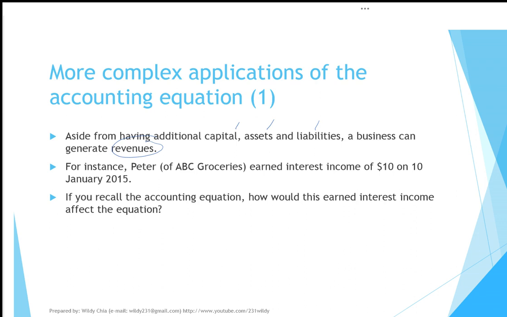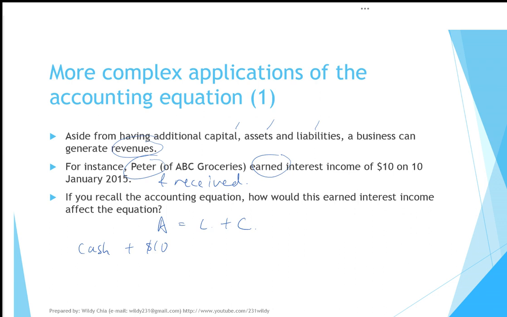If we are going to look at the accounting equation, which is assets equals liability plus capital, then how would this interest transaction be analyzed? What is the impact? Peter has earned certain amounts of interest income. Has he received this interest income? We assume that he has received, to make it simple. So Peter should find that he has additional cash of $10, and the reason why this has occurred is because he has earned interest income.